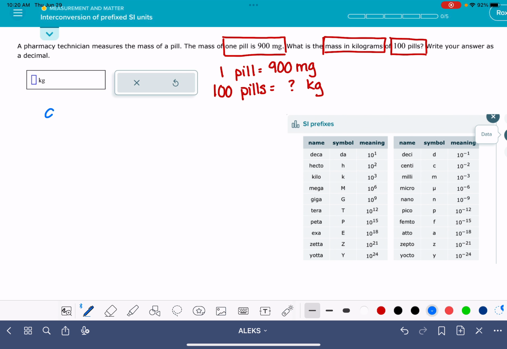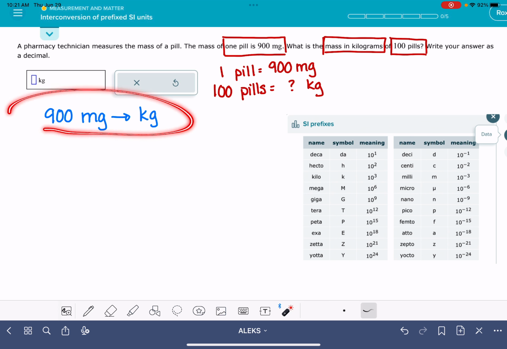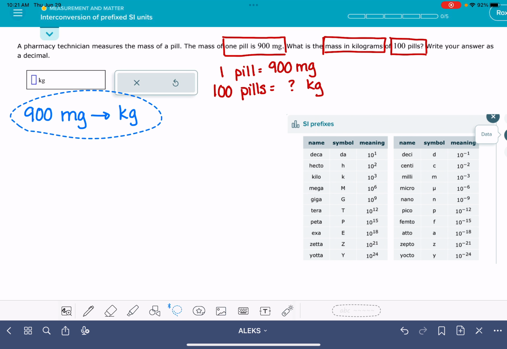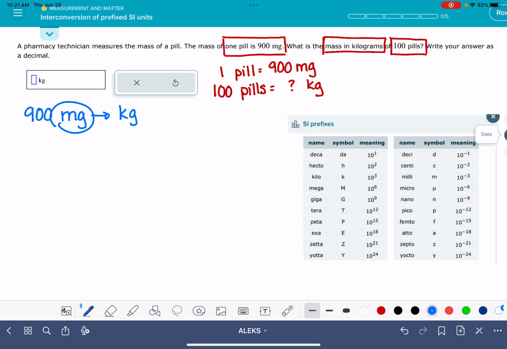So for me, I am being asked to do a unit conversion from milligrams to kilograms, from 900 milligrams into kilograms. And if you are just starting out learning how to do conversions between prefixed SI units or between prefixed metric units, whichever term you want to use, then I suggest, instead of converting directly from a prefixed unit to another prefixed unit, that you instead convert from a prefixed unit to a non-prefixed unit.